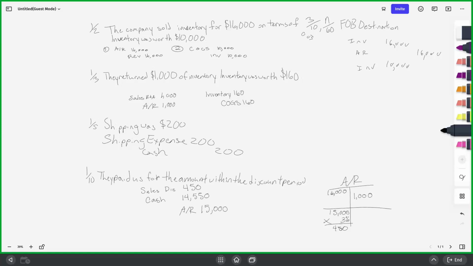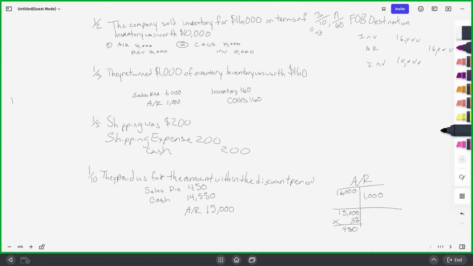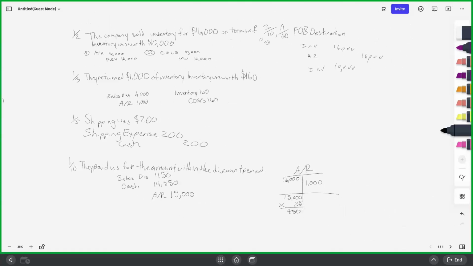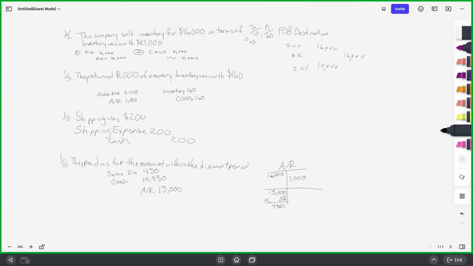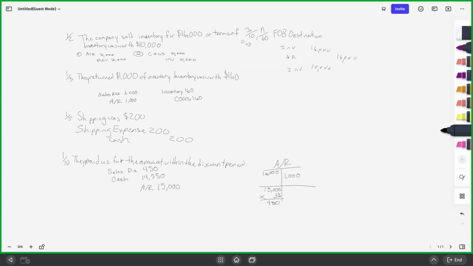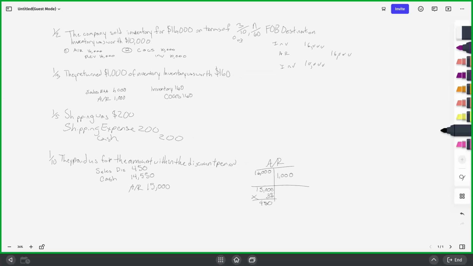Then you have to worry about the cost of goods sold. Same when we're returning: sales returns and allowances with accounts receivable credited, and inventory debited with cost of goods sold credited. Then you've got your shipping expense and your cash. And when they pay the full amount, you've got sales discount, cash, and accounts receivable. You guys have a perfect little T-chart for it.